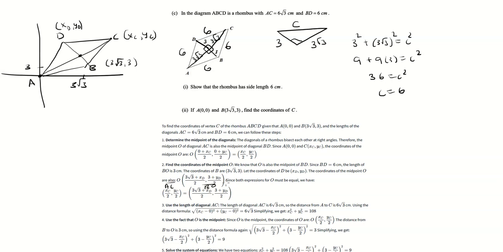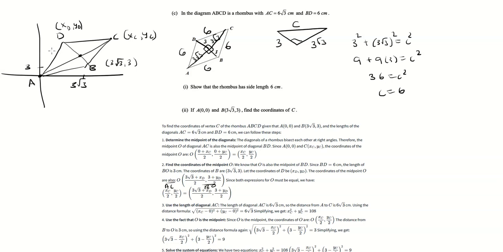Now we know the length of AC is 6 root 3. Using the distance formula, the distance between A and C is the square root of xc squared plus yc squared, and that equals 6 root 3. We can square both sides to eliminate the square root and have xc squared plus yc squared equals 108.